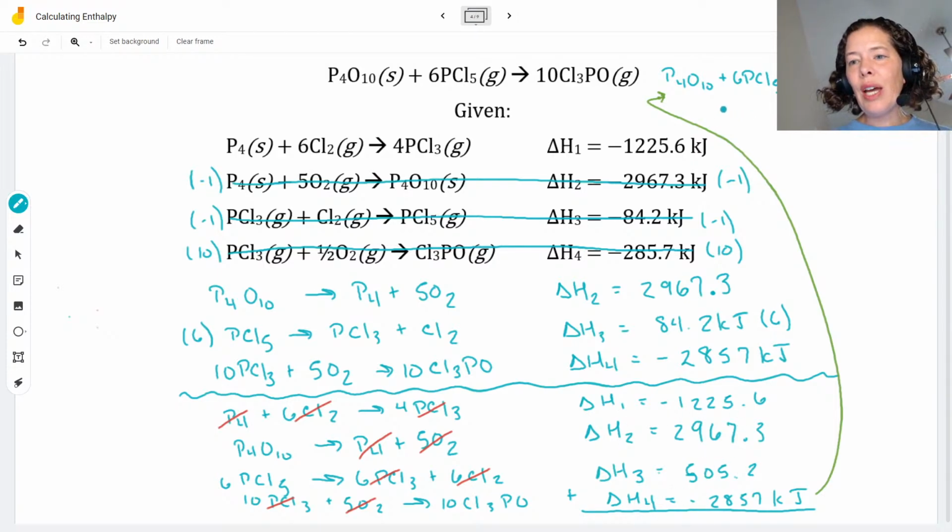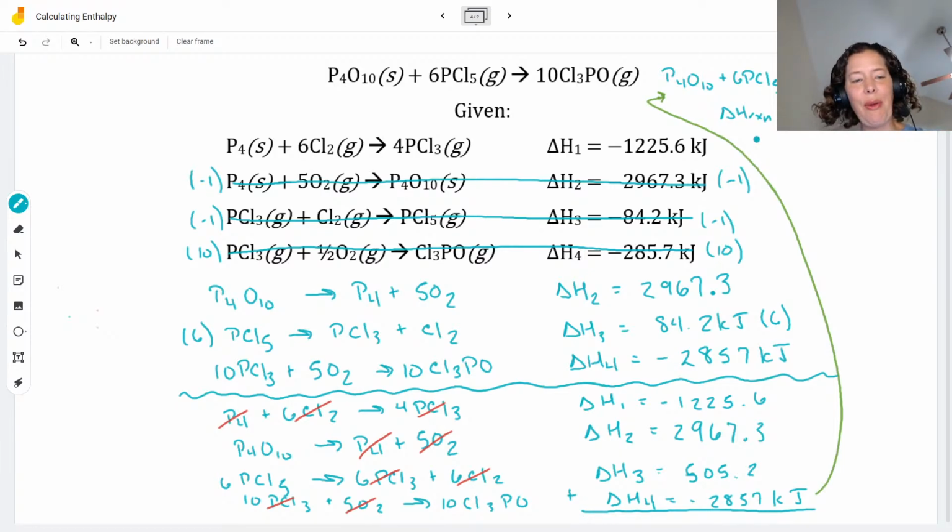And when I do that, I get a delta H of reaction of negative 610.1 kilojoules.